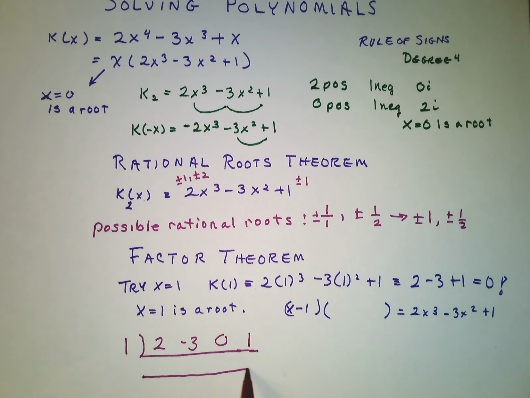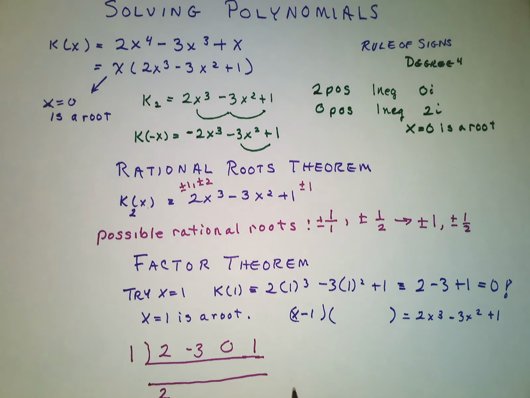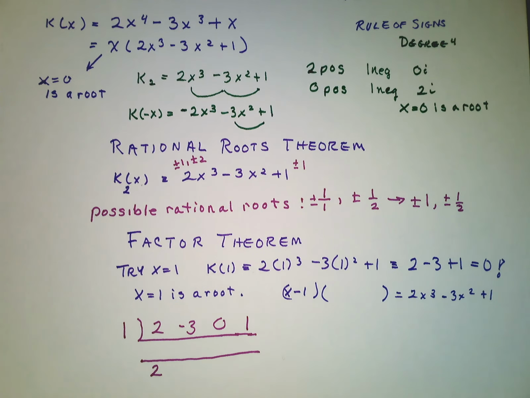I'm going to draw a line here and drop the first term. Some people draw little separate lines. I just draw one big one across. And then, instead of multiplying and subtracting like long division, we multiply and add. Much less chance of error.